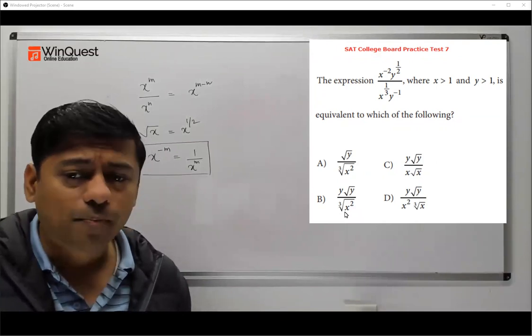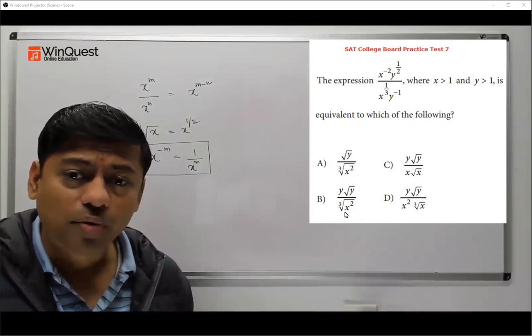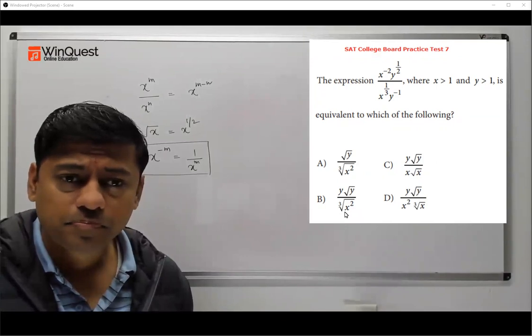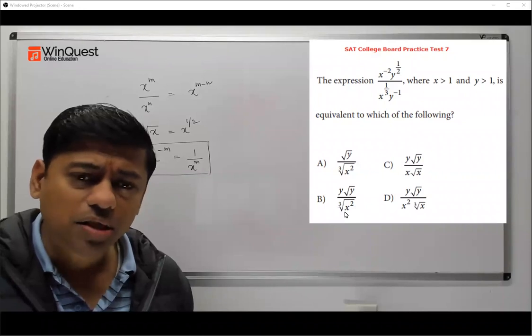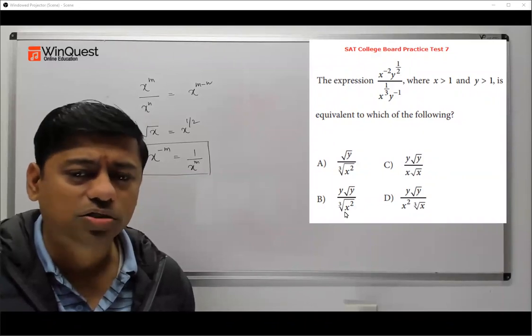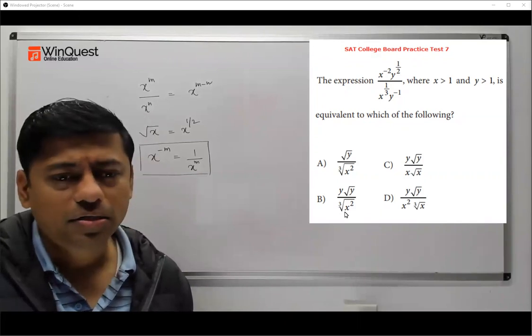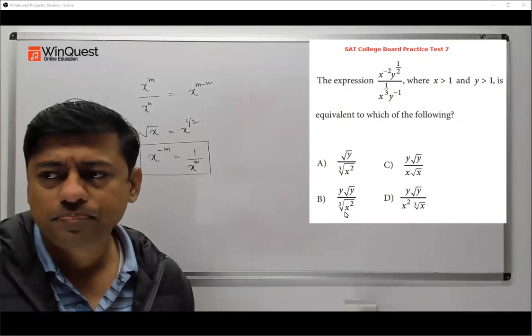And all the x components are down, means denominator. Can I say that? You observe something? A, B, C, D. All the y components, whether in exponent or radical form, are all in the numerator. And the denominator has x components. Is it okay? Yes.